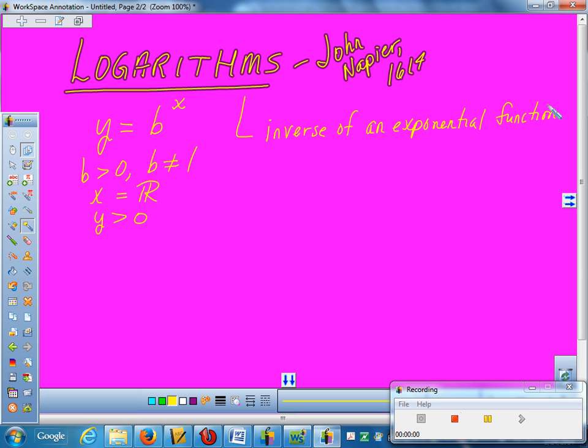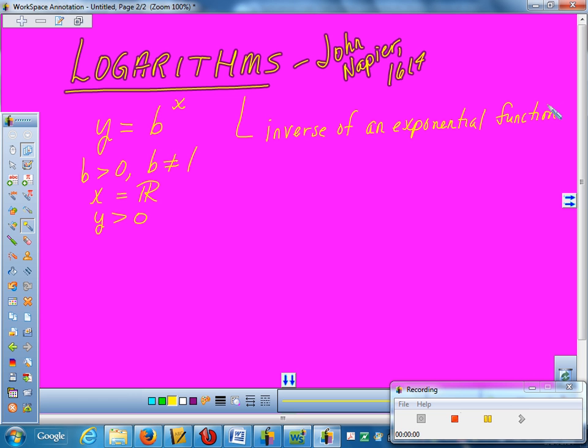So, okay, how do you find an inverse? Switch the x and y, there you go. You switch the x and y and then solve for which one? You solve for the y.